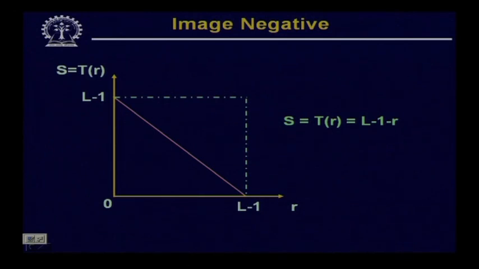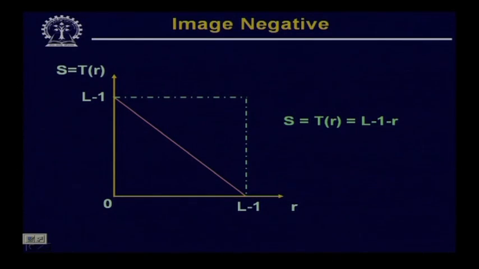The kind of transformation that we need in this particular case is shown in this figure. Here we consider that the digital image will have capital L number of intensity levels, represented from 0 to capital L minus 1 in steps of 1.